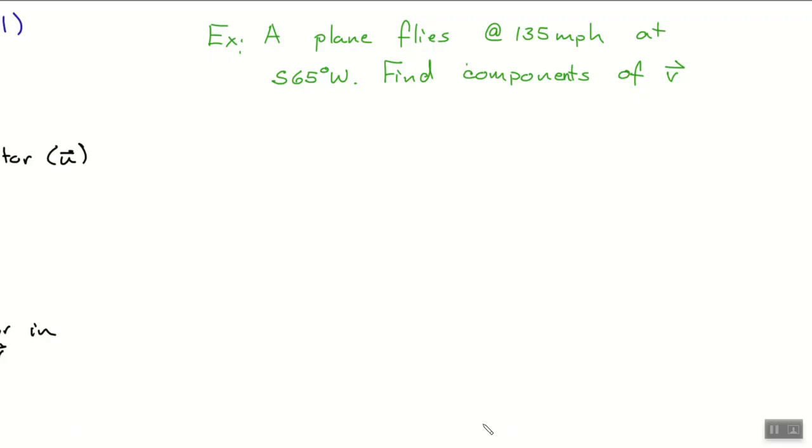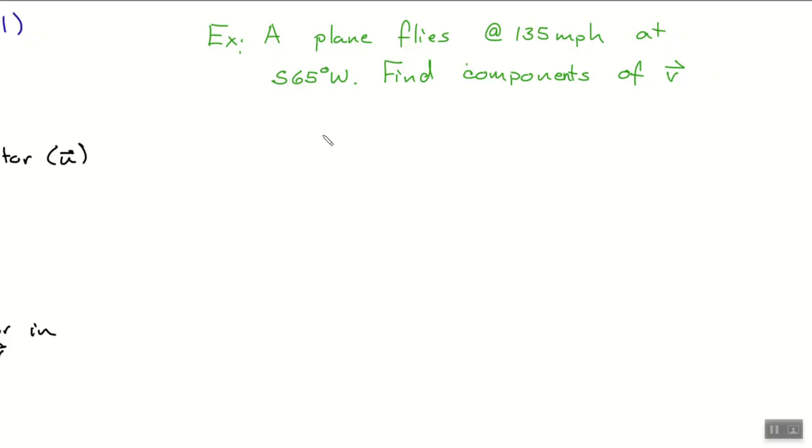As we're looking at this, I know that for any vector, we can separate it into its components. To get the x component, I'm going to use a trig function. That's which trig function? Which trig function do we associate with x values? Cosine is x, right? Sine is y.